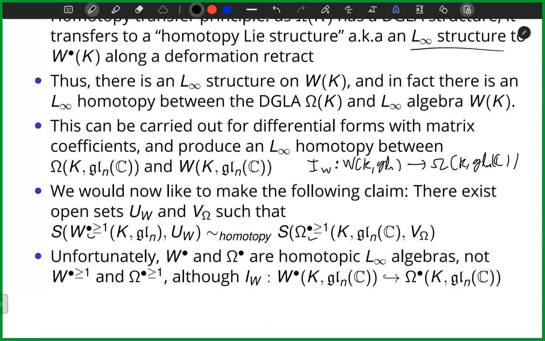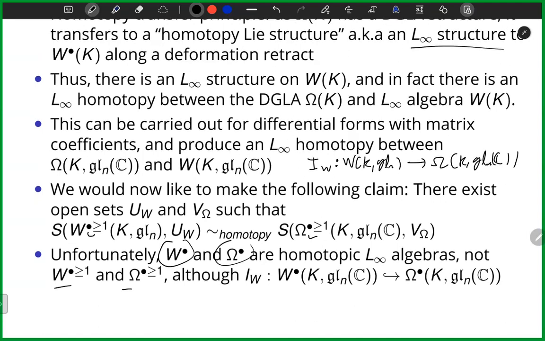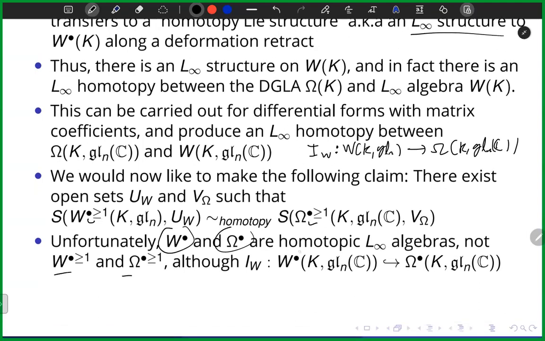However, we need the whole complex to form homotopy equivalent L infinity algebras. We can't just chop off the degree 0 part and get homotopic L infinity algebras. Although if we chop off the degree 0 part, this map is still an inclusion, it's not going to be a retract.